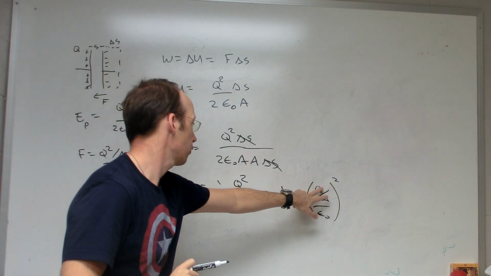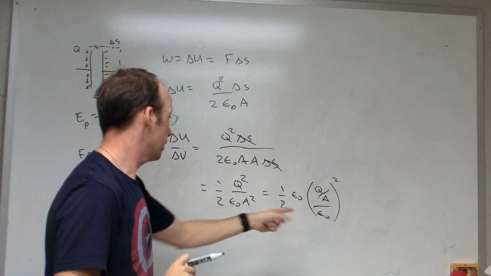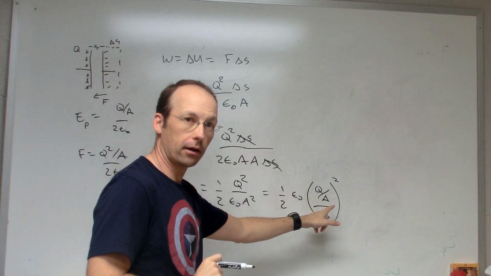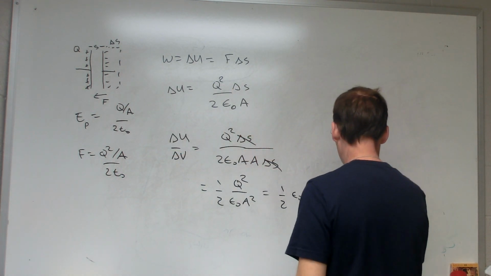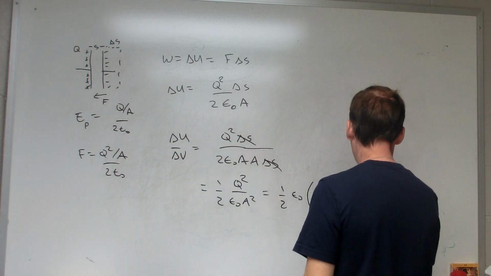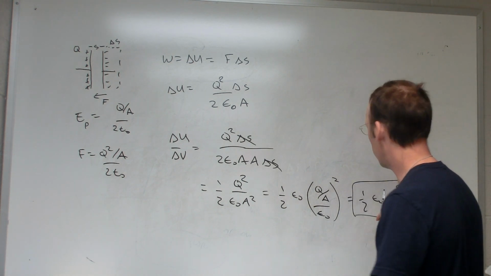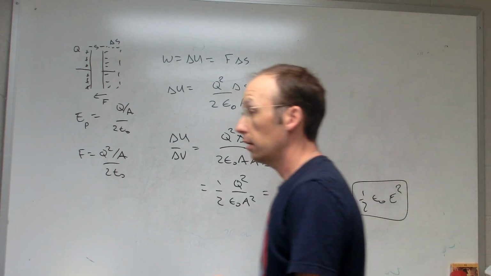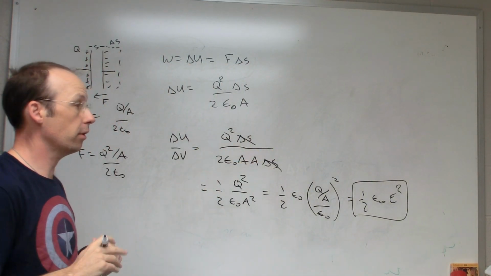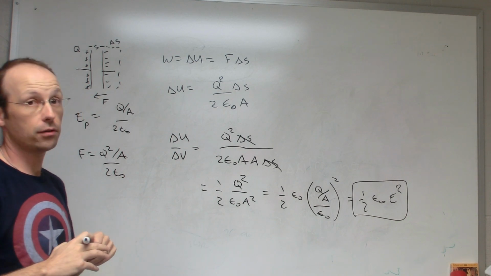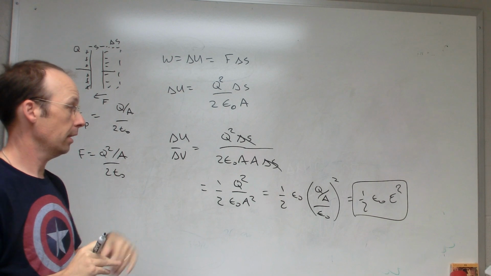If you square that, you get that. The epsilon naughts cancel. This is the electric field due to a parallel plate capacitor. So this is just the electric field inside, and I get 1/2 epsilon naught times the magnitude E squared. That is the electric field energy density, the energy per unit volume in a region with electric field. There is energy stored in the electric field, and that's how much.